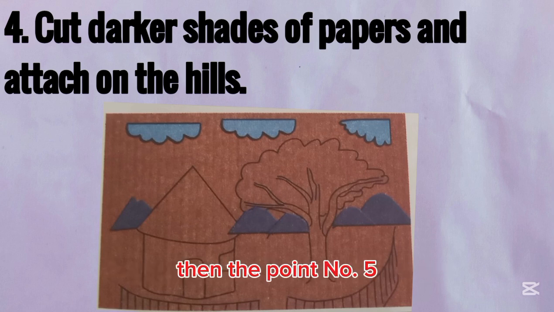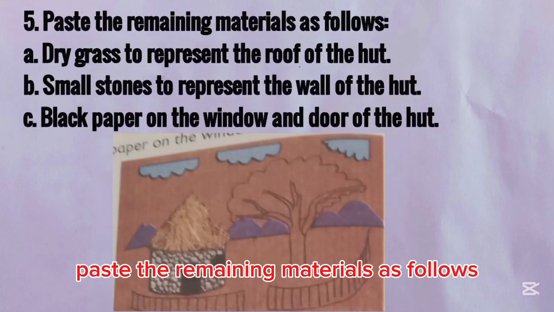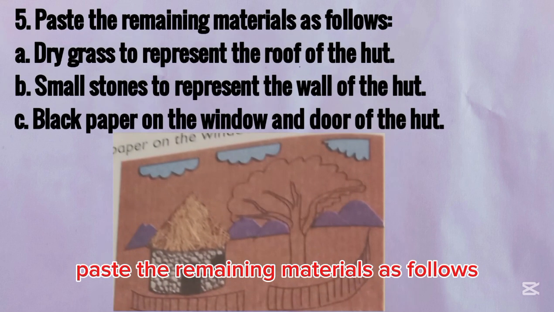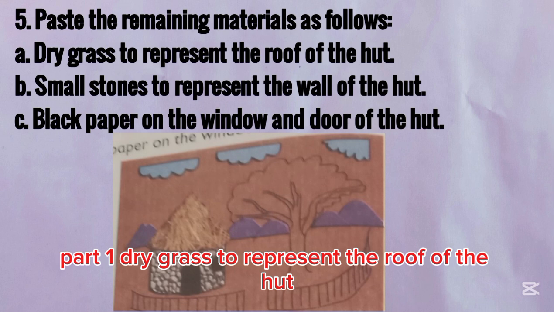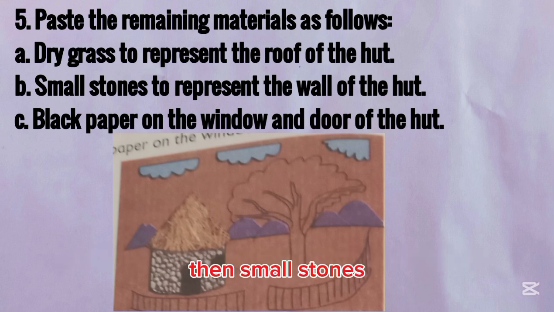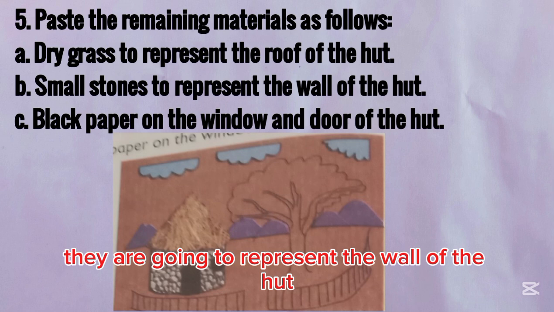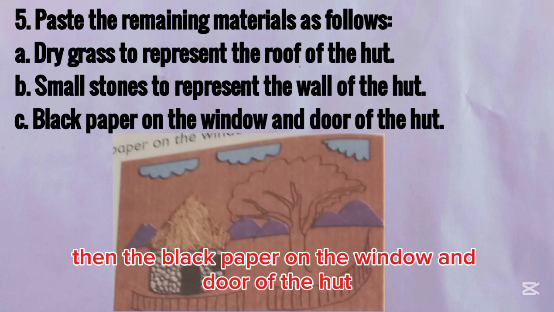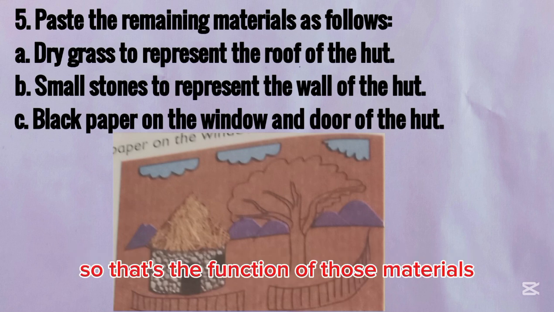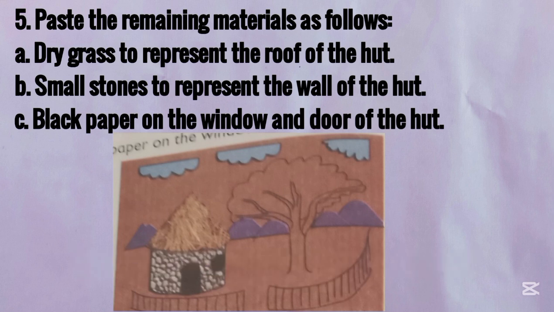Then number 5, paste the remaining materials as follows. Dry grass to represent the roof of the hut. Small stones represent the wall of the hut. Then black paper on the window and door of the hut. That's the function of those materials.